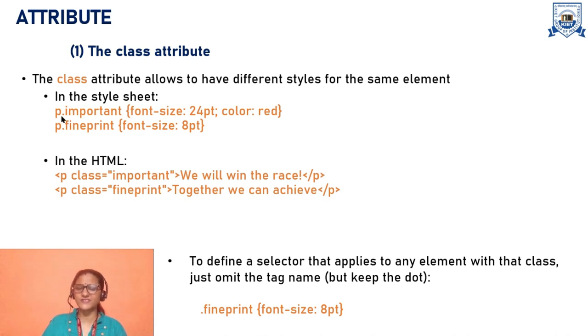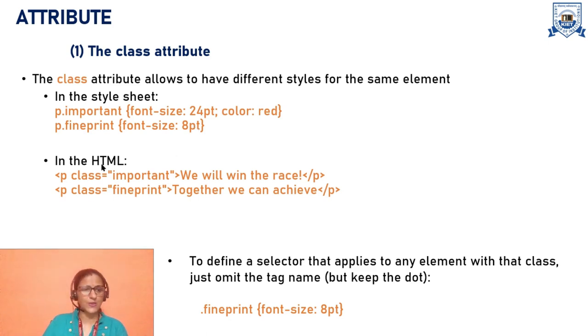So here we took the class name important along with the element P, and decided font size 24 point, color red. Again for P, we took another class, fine print, with font size 8 point.